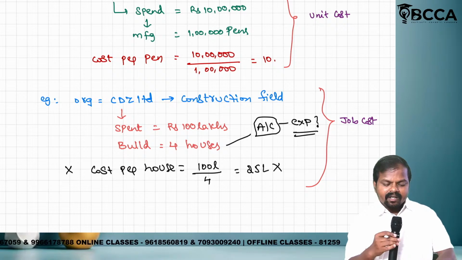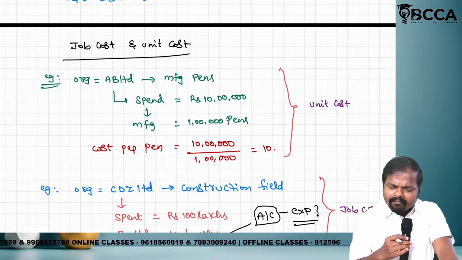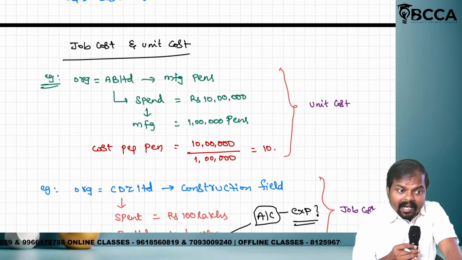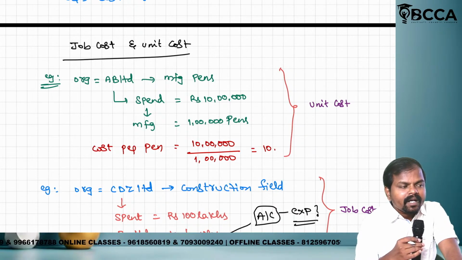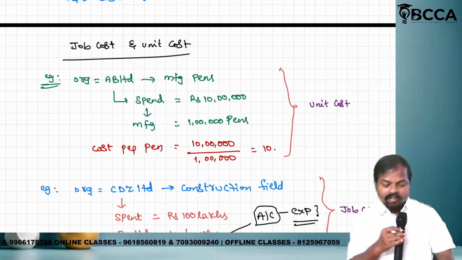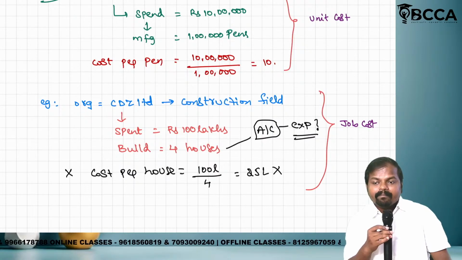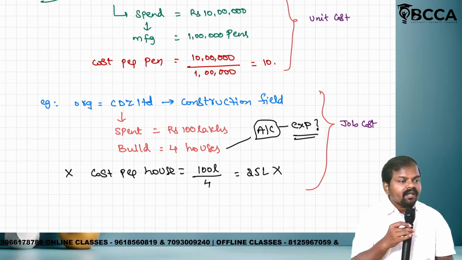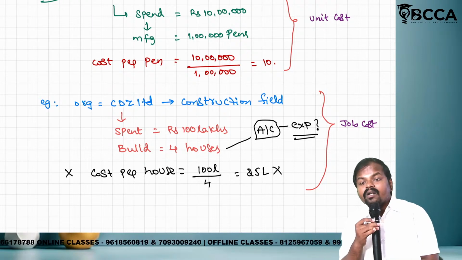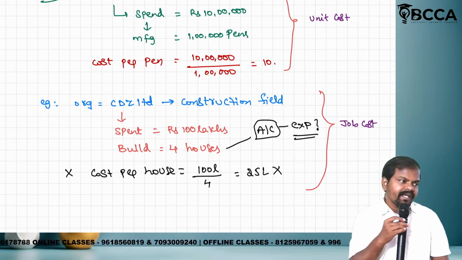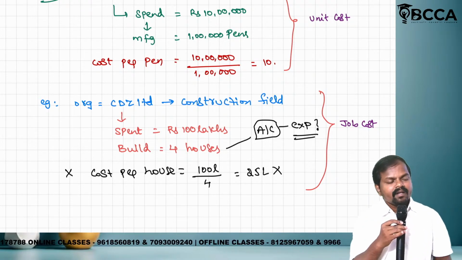Now tell me, when is the unit cost concept applicable? When the organization produces similar or homogeneous products. When is job cost applicable? When the organization produces non-homogeneous or non-similar products. Is it clear?